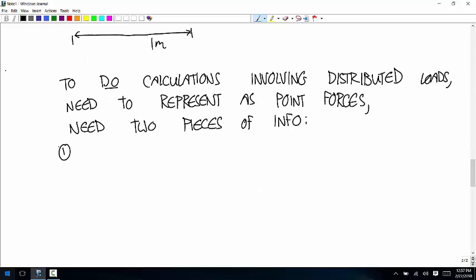First is how big that point force has to be, the magnitude of the point force. Well, you would actually need to know the direction of the point force too, but for us, these distributed loads are always going to act straight down, so the point force is always going to act straight down. But the other thing we have to know is where that point force is going to be applied.